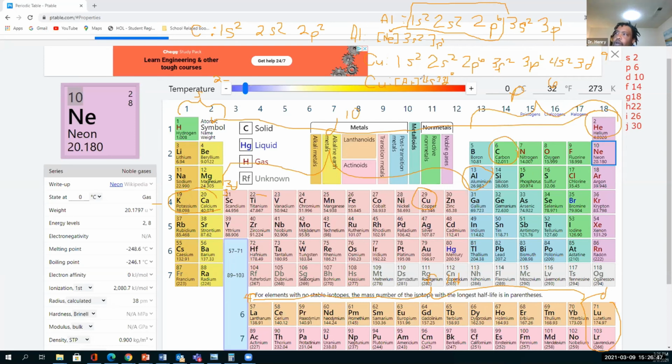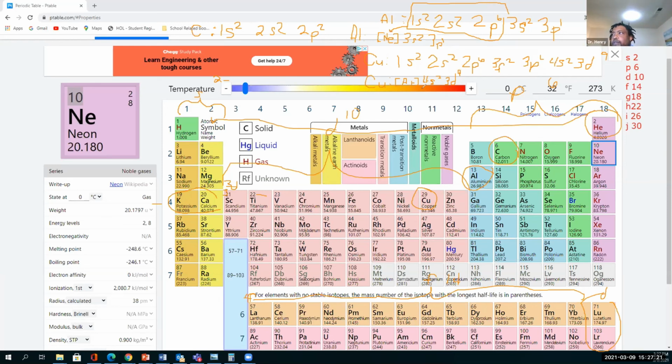Okay, so these 11 electrons, let me fix that, that's horrible, would be involved in bonding, or can be involved in bonding.